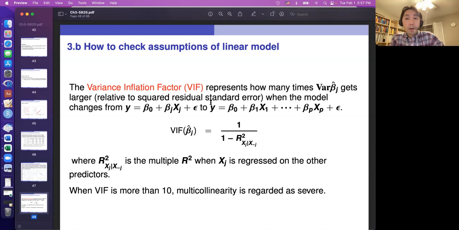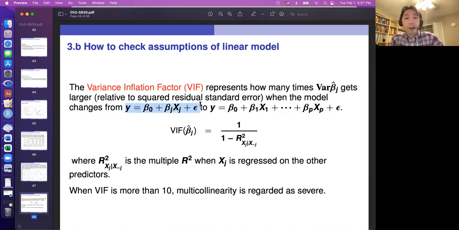So how much variance is inflated compared to the coefficient? Basically, the variance inflation factor represents how many times the variance of beta hat j gets larger relative to the squared residual standard error when the model changes from this to this. We think about the simple linear regression with xj as the only predictor, and the other one, where we have many other predictors.